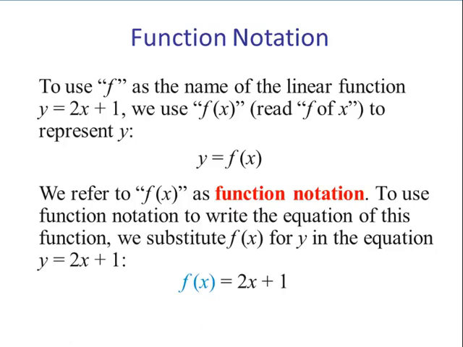To use function notation to write the equation of this function, we substitute f of x for y in the equation y equals 2x plus 1. So this is telling us our independent variable is x, and f of x is our dependent variable. And whenever you see this, you can just look at the equation and know that it's a function.